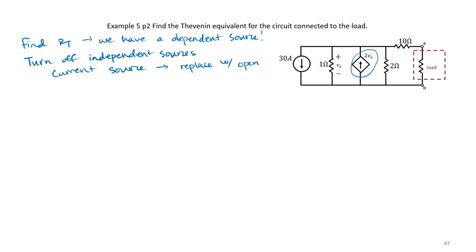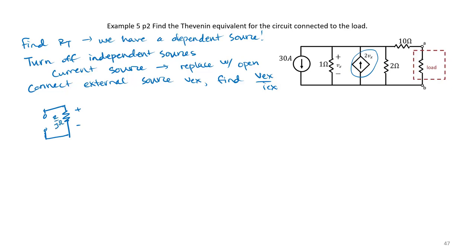And then I also need to connect the external source, VEX, and find VX over IEX. So let's draw what we get. Remember the 30 amp source, that becomes an open, so we basically ignore that. We get our 2/3 ohm resistor.